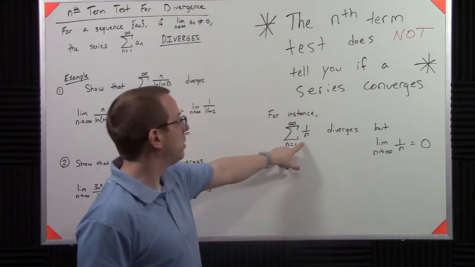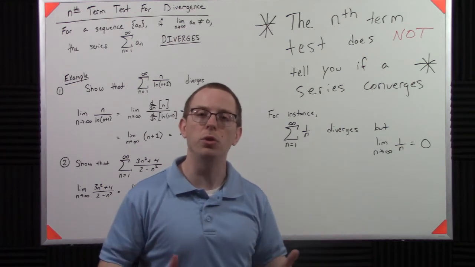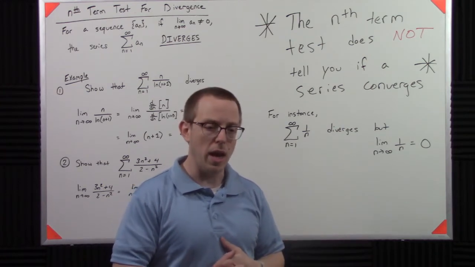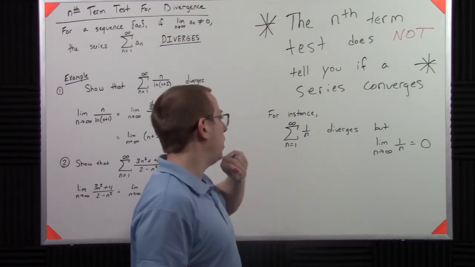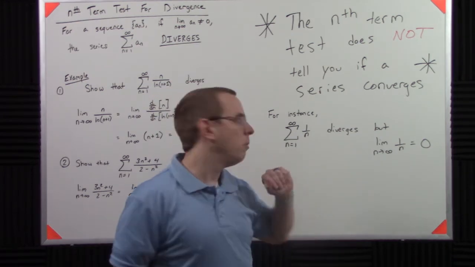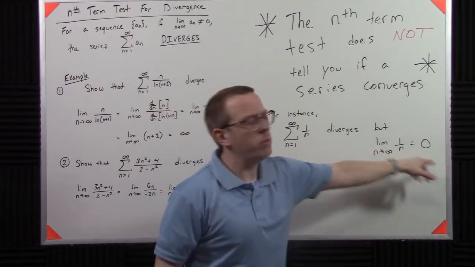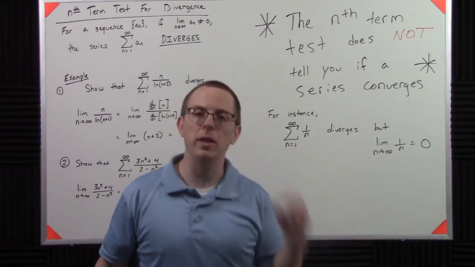So, for instance, this is what's called the harmonic series. There's a lot of really cool things about the harmonic series and how you can add up to that. And it turns out that it diverges. But wait, the limit of that sequence is 0. That doesn't matter. That's not the point.